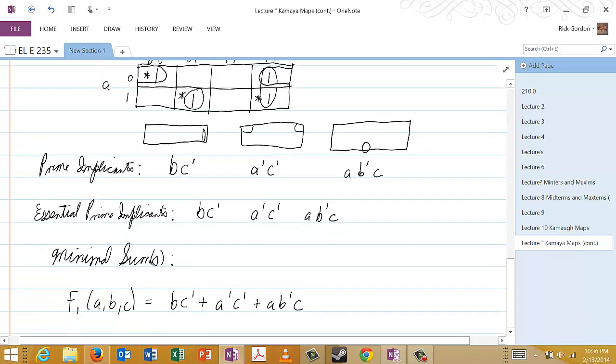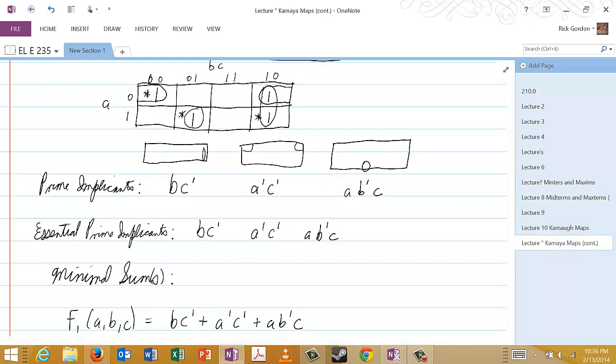Now, how do we figure out if we need anything else? What I like to do is go up to the Karnaugh map and check what we have so far, BC prime. We remember BC prime is these two cells on the extreme right side of the Karnaugh map. By including BC prime in my expression, I have accounted for those two cells, so I'll shade them in. Now, the next one, A prime C prime.